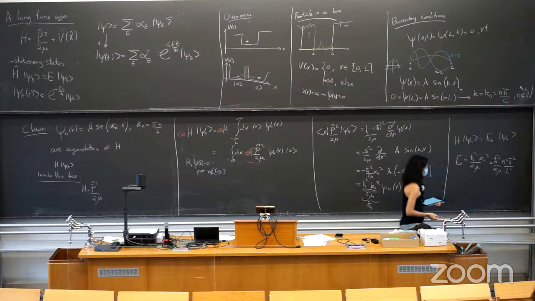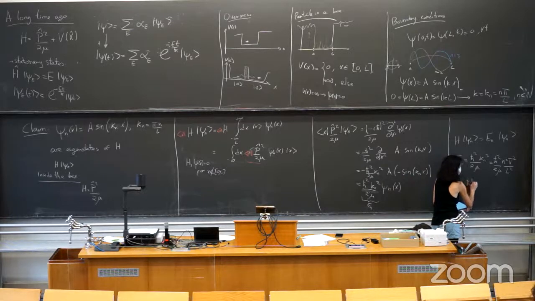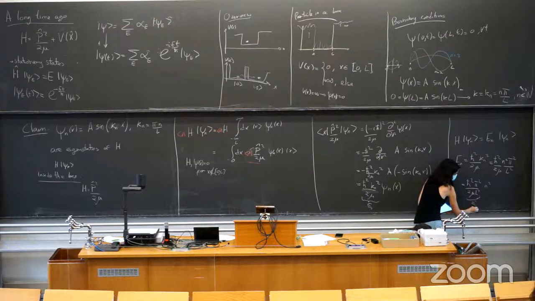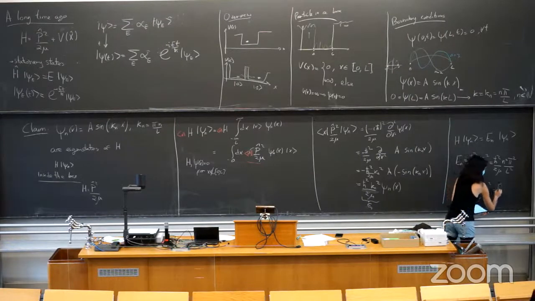So you can rearrange this a bit. And square. So this first term here, this is just this thing when n equals 1. So I can just call this whole thing E1. So it's E1 n squared.